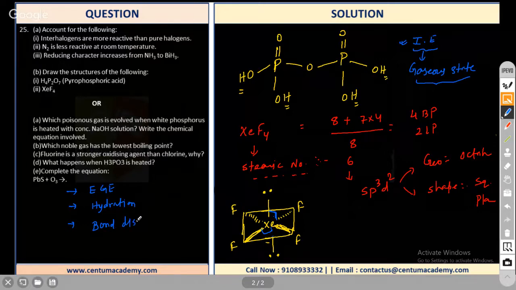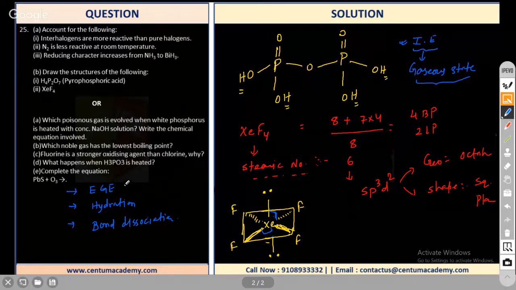All these three factors come into the picture when we have to compare the property in solution. In case of gaseous state, with ionization energy, we can say, right? Now what happens? Chlorine has more negative value of electron gain enthalpy, right?